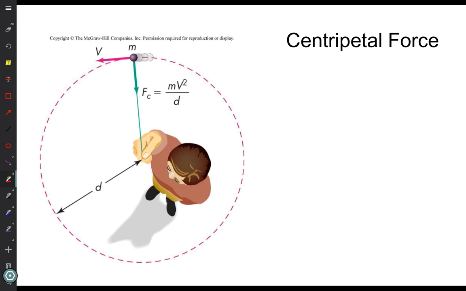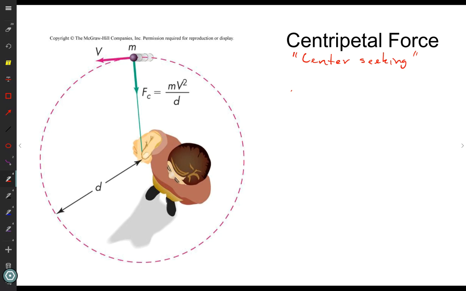Moving on. Centripetal force. Everybody's heard of the term centrifugal force, but what they don't know is that centrifugal force doesn't exist. Now, the word centripetal has a specific meaning. Centripetal means center seeking.